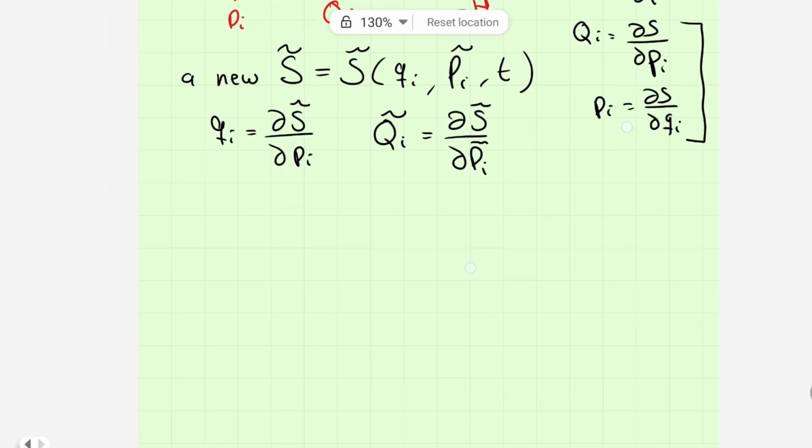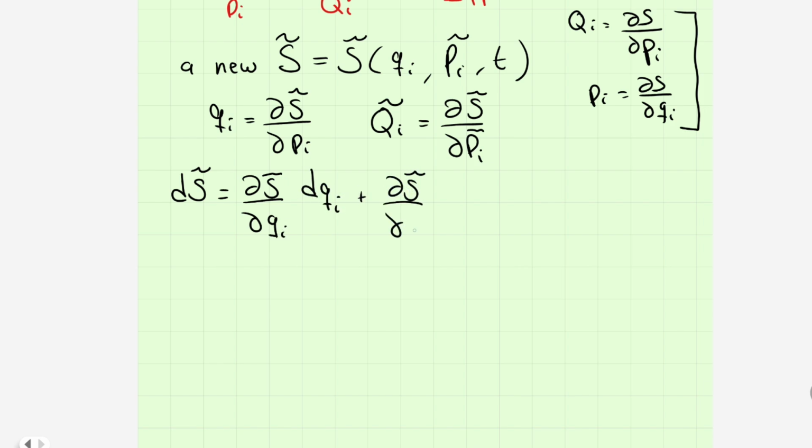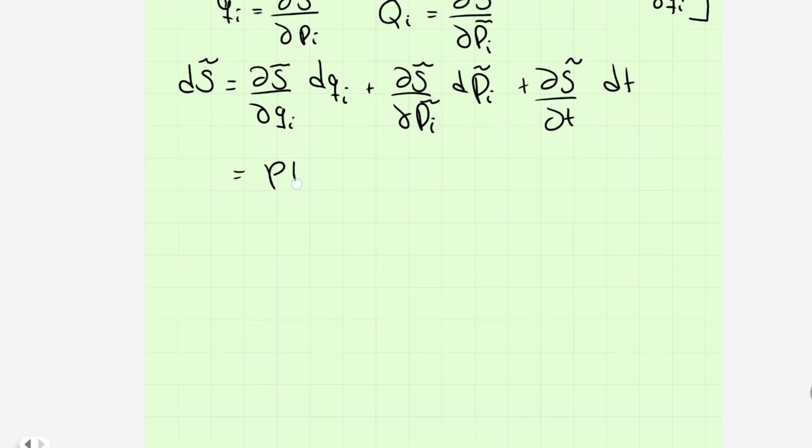Okay, perfect. So if we calculate the total differential of S tilde, we will get that dS tilde equals the partial of S tilde with respect to qi, dqi plus the partial of S tilde with respect to Pi tilde, dPi tilde plus the partial of S tilde with respect to time, dt, that can be seen as p dqi plus Qi tilde dPi tilde minus H dt.